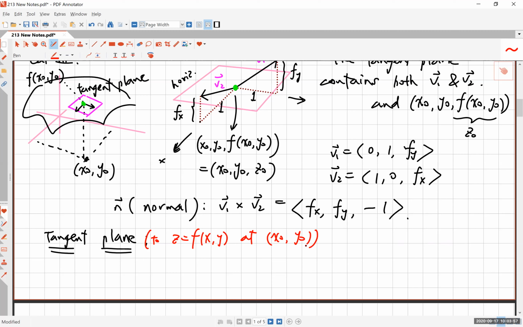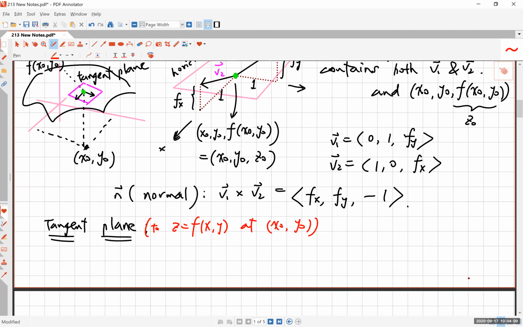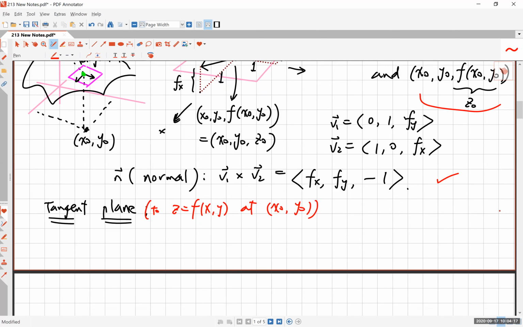Okay, so that's what we're trying to write. It's a plane tangent to the surface of f at the point x naught, y naught, z naught. And here's the equation, right? We have the point, which is x naught, y naught, z naught. We have a vector normal to it, or perpendicular to it. Do you know how to write the equation of a plane given a point and a normal vector?